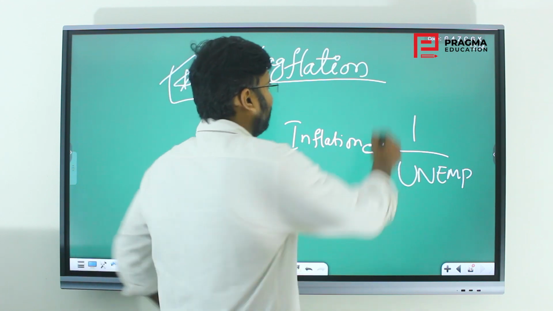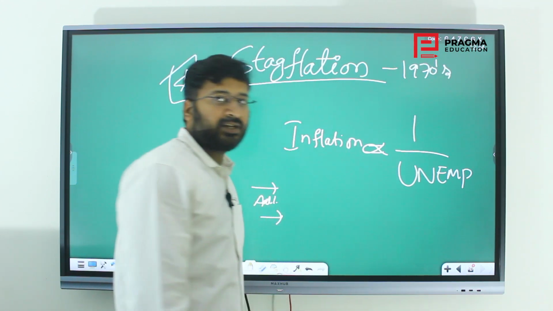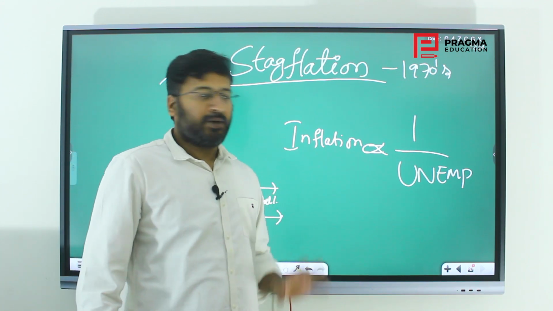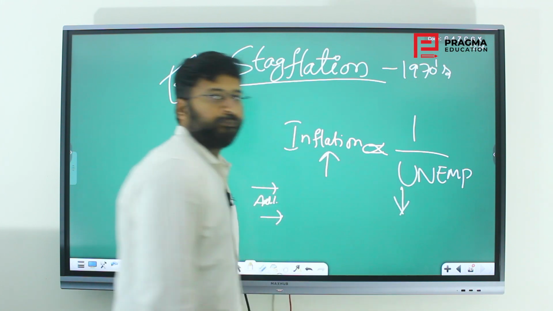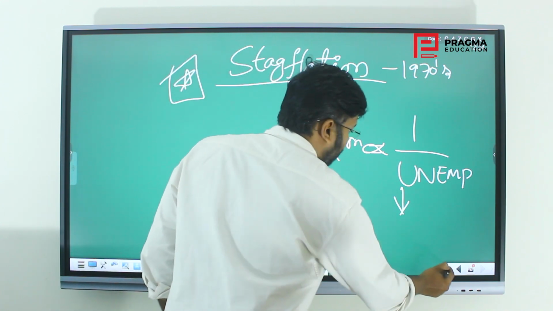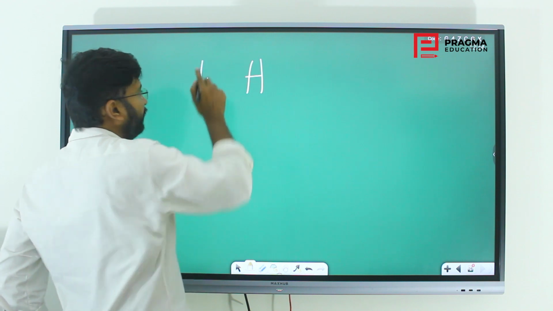But in the 1970s, the then highly grown economies like Scandinavian countries and other countries faced a very strange phenomenon, because when inflation is high, unemployment should be low. But what happens in stagflation is it should fulfill three conditions.